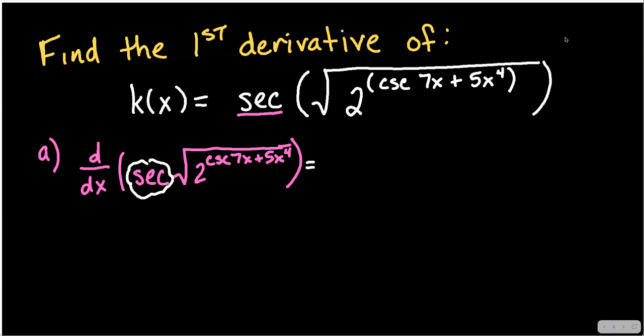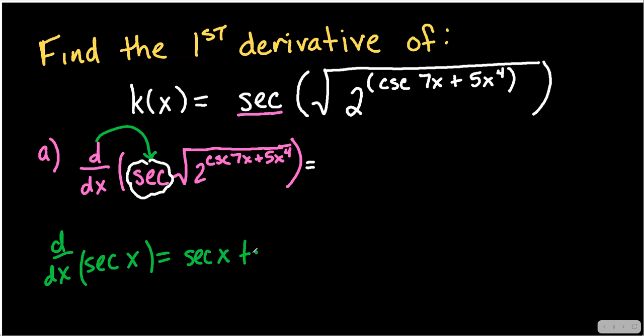When I go to take that derivative, the first derivative of a secant is secant blob. So the derivative of secant x is secant x tangent x. I'm going to get secant of the square root 2 raised to the cosecant 7x plus 5x to the fourth.